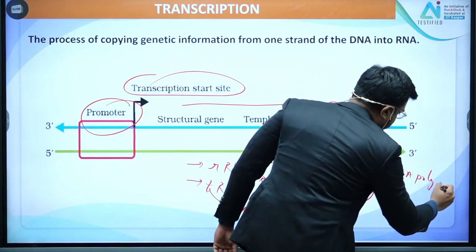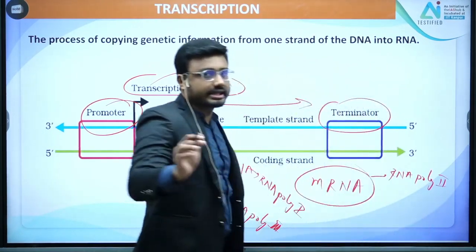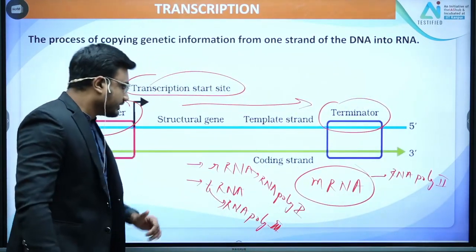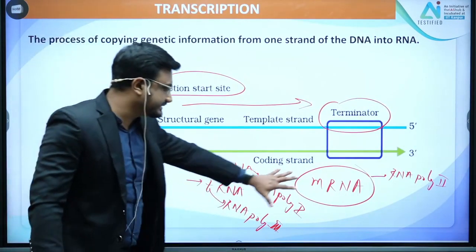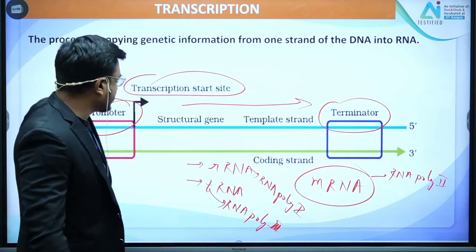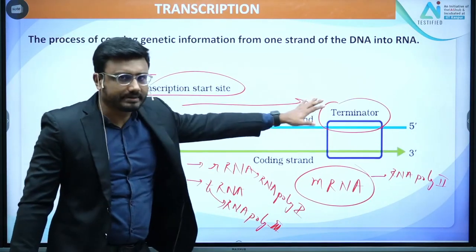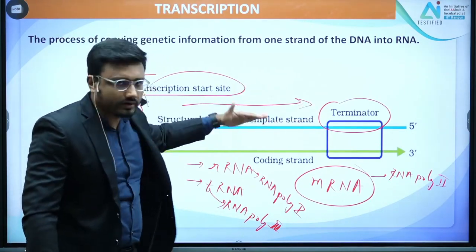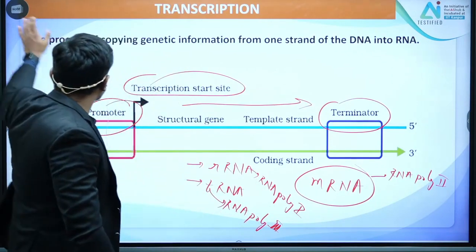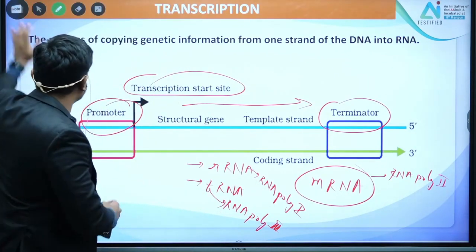So we have 3 RNA polymerases in the case of eukaryotes. In the mRNA, the RNA polymerase goes through the template strand and makes a copy of the RNA. Now let us go through it.